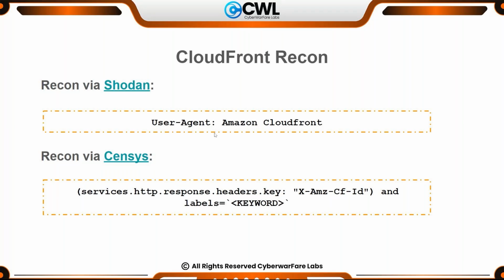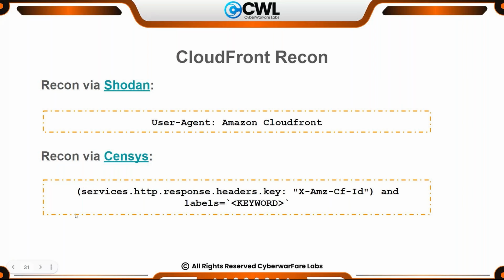So the Shodan query instructs Shodan to search for HTTP responses where the user agent header contains the value Amazon CloudFront. When we are sending this request to Shodan, it typically includes a user agent header to identify Amazon CloudFront.